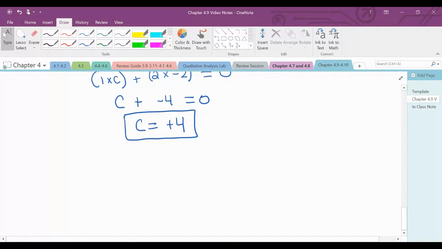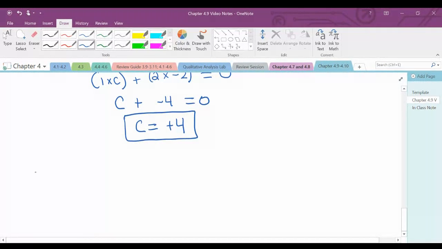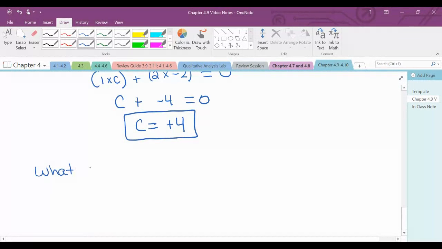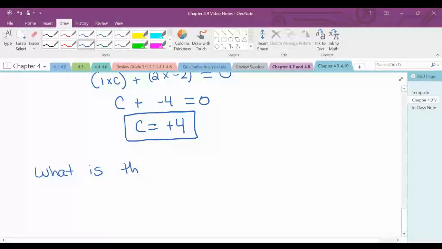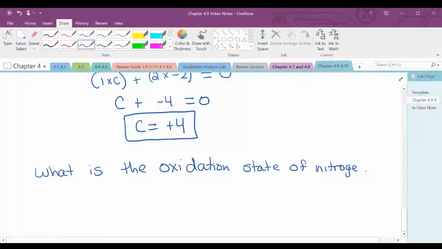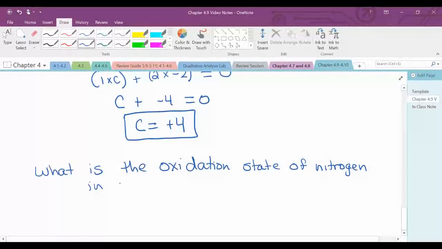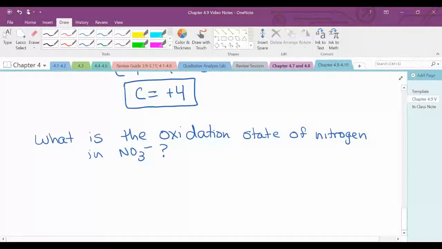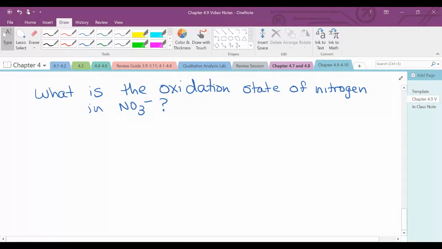So let's do another example. What is the oxidation state of nitrogen in NO3, the nitrate anion, a polyatomic ion?